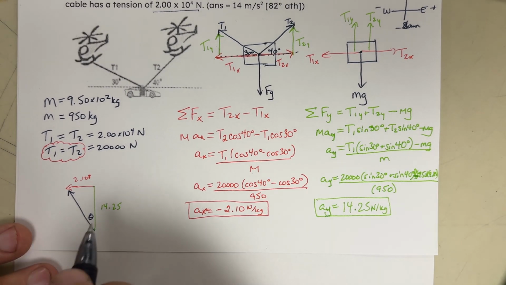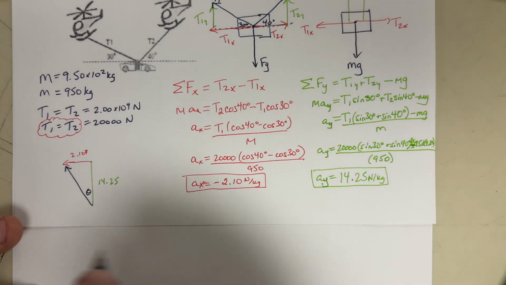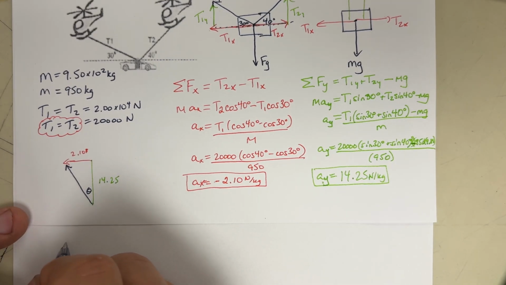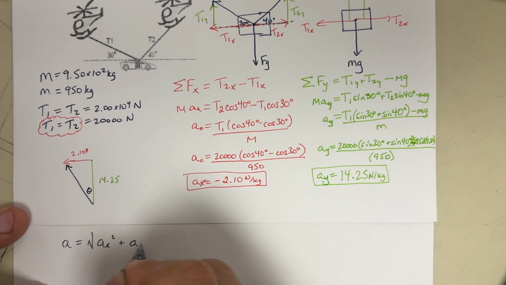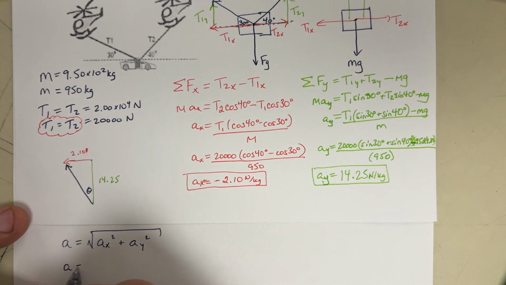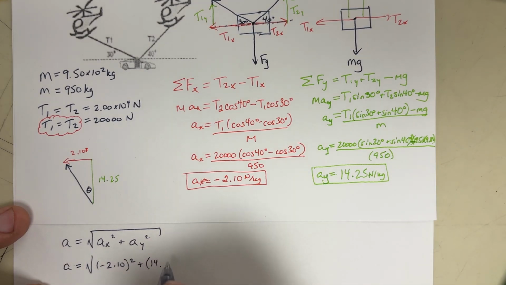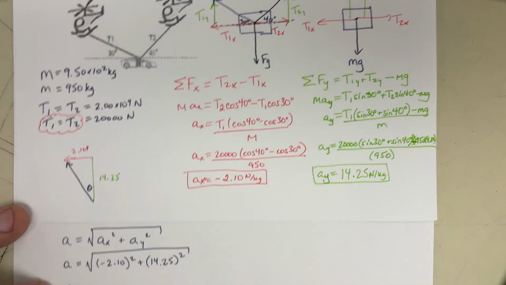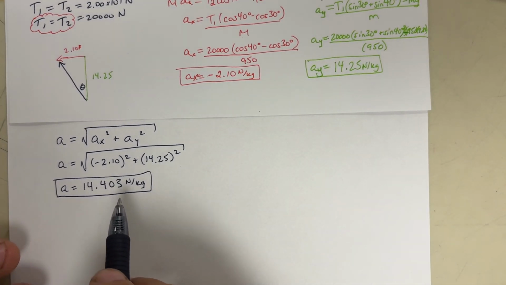Okay, so that's what I'm looking for here. I can use my Pythagorean theorem now to find my total acceleration. When I got that, I got 14.403 newtons per kilogram.